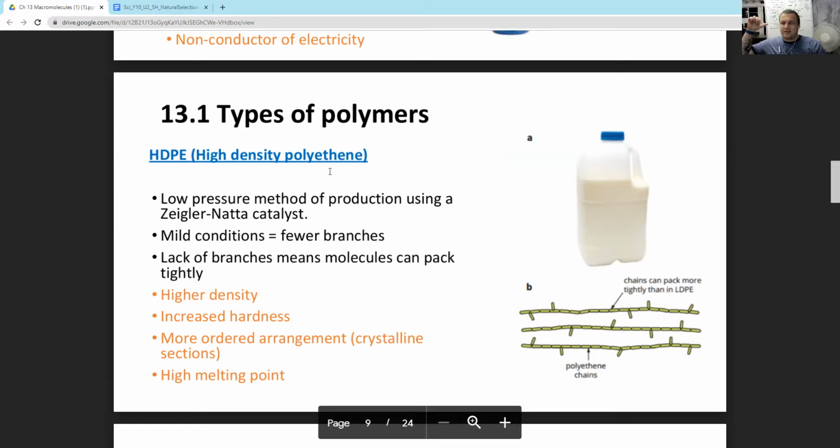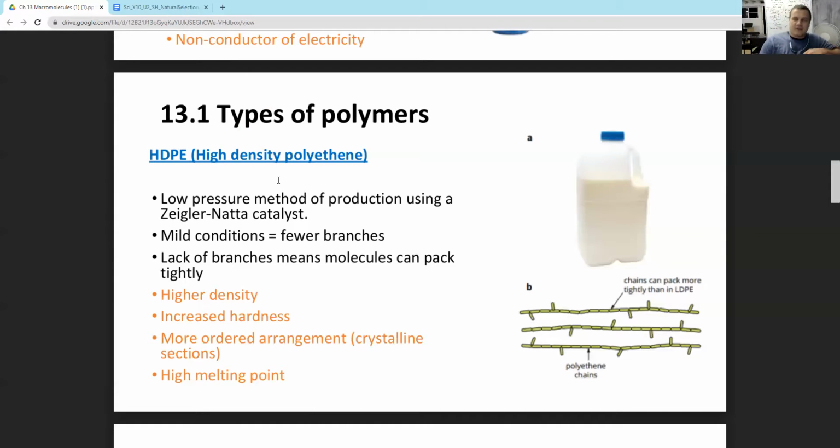The intermolecular forces holding it together are strong. So we're talking about something being crystalline. We're talking about the structure being very highly ordered. And we'll look through that when we go through the different kinds of polymers and the arrangements.